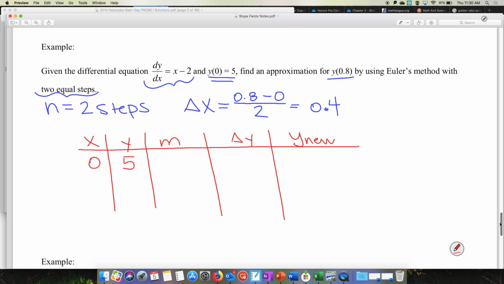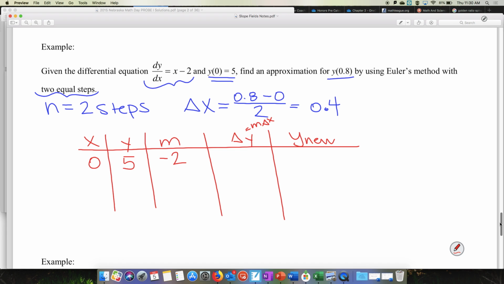If we plug that coordinate into dy dx, what's our slope? We want to plug in 0 for x and 5 for y. Okay, so now our change in y, remember this is slope times change in x.